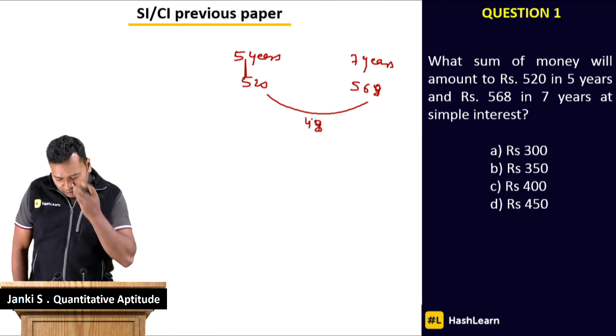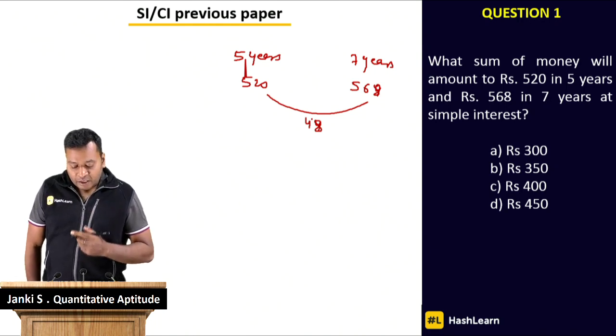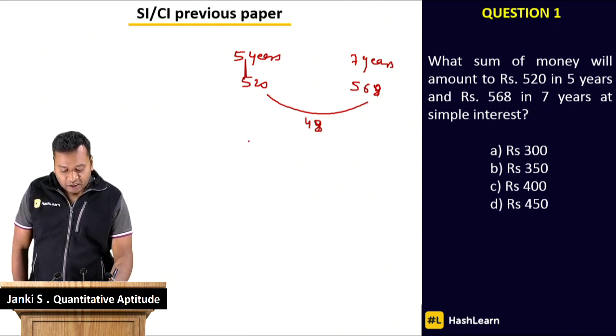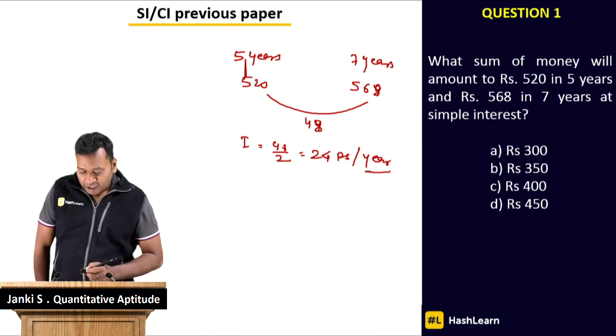The value is 568 here. So मेरा interest हो गया 48. That means every year that gives you the condition that every year my interest is nothing but 48 by 2, or else we can say 24 rupees per year will be my interest, right?